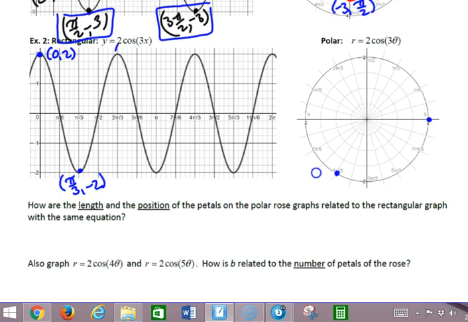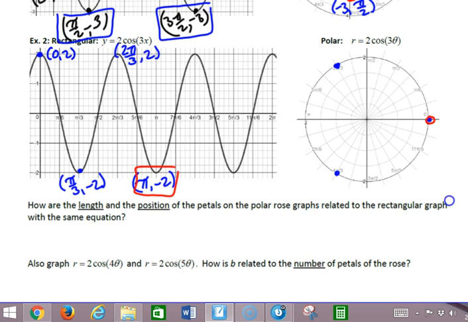Then we're up to 2 pi over 3, +2. So 2 pi over 3, +2 is over here. Now we're at pi, -2. Well, pi, -2 ends up back here where we started from. So this point is actually repeating right there.